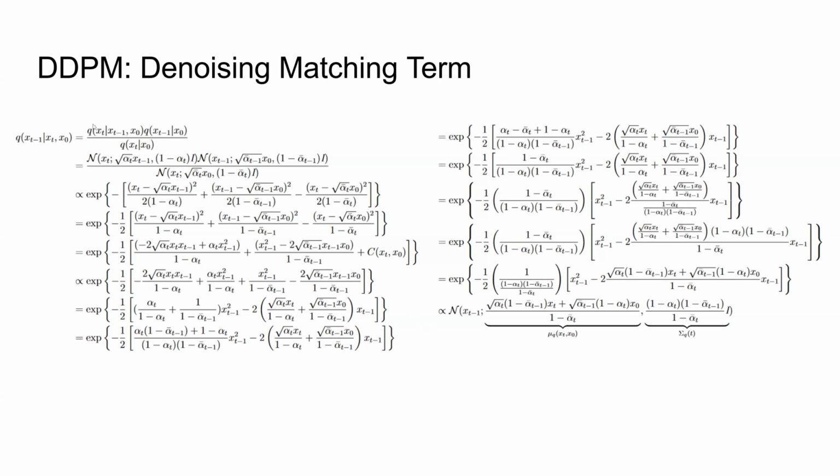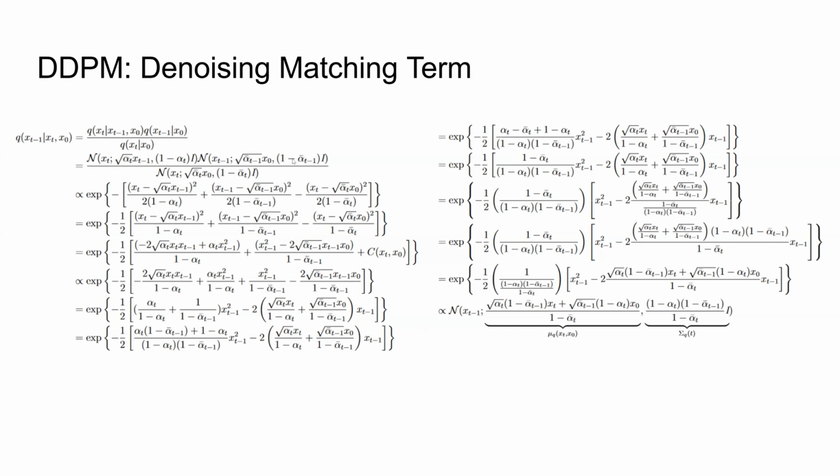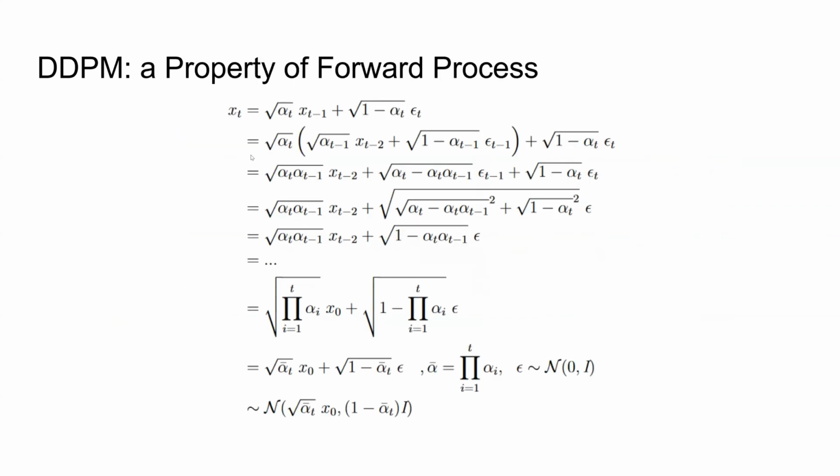Also, because of the Markov chain assumption, this is the same as q of xt given xt minus 1, which is a normal distribution. And we haven't derived this yet. So this is the distribution it follows. This follows this particular distribution, and this also follows this particular distribution, using the same equation we just derived.